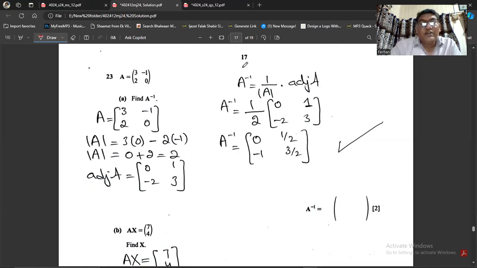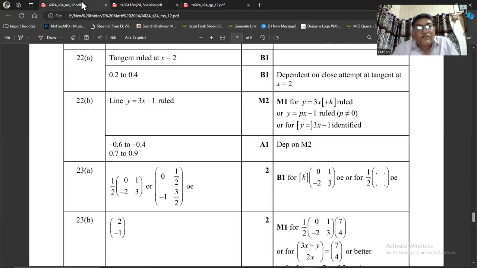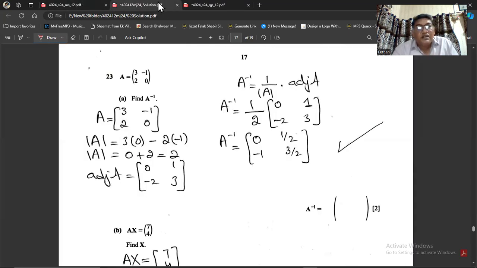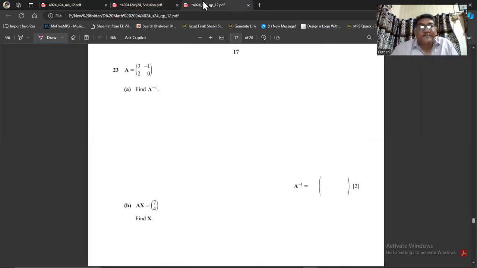So A inverse will be equal to 1 by determinant of A into the adjoint of A. So it will be 1 by 2 into 0, 1, -2, and 3. So when you divide all these members by 2, you get 0, 1 by 2, -1, and 3 by 2. So this is the A inverse, which is the right answer, sir.